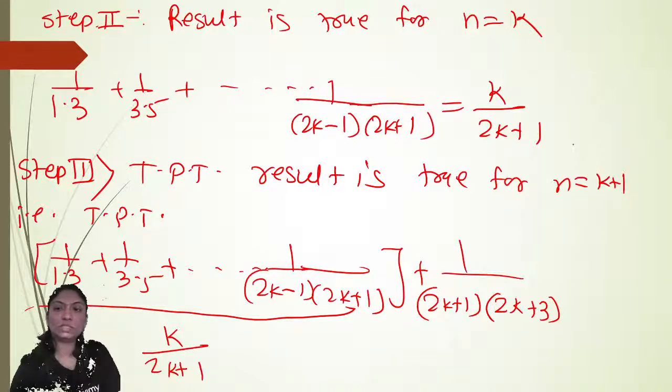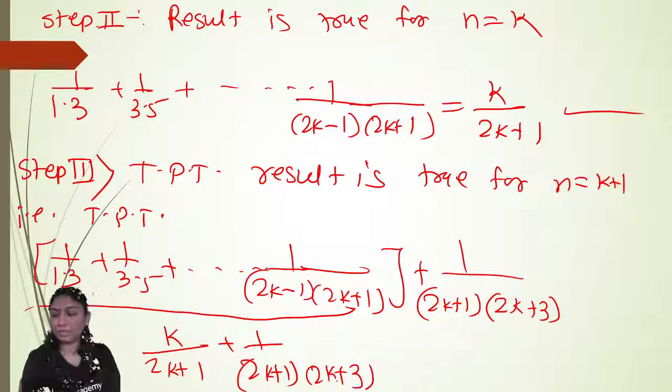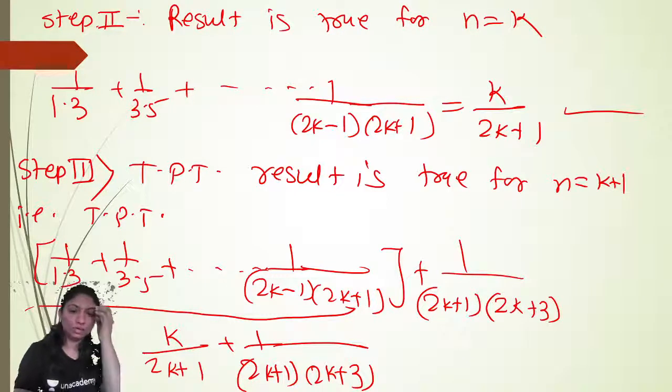So we have k upon 2k plus 1 plus 1 upon (2k plus 1)(2k plus 3).